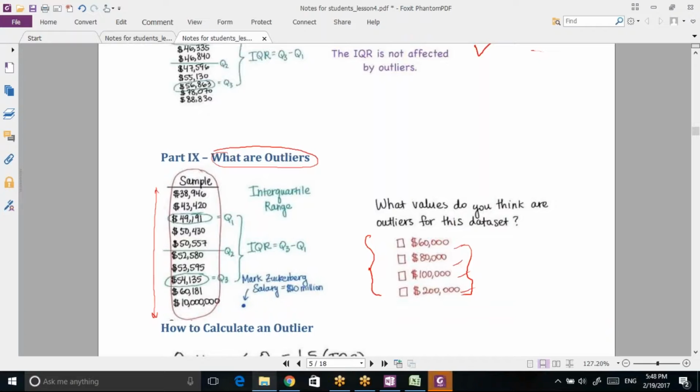What values do you think are outliers for this data set? Okay, Jayashri has given an answer, Kantesh has given an answer.